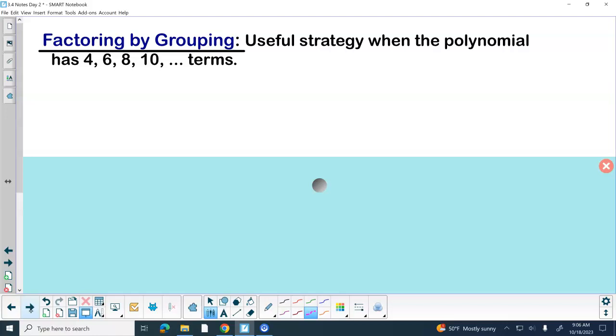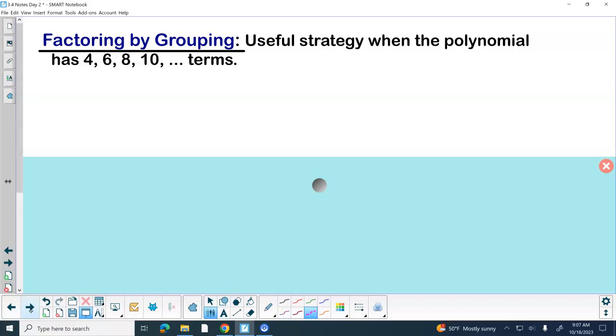Love it. Okay? So the last way, so on Monday, we factored with GCF. That was our first way. Then we factored by difference of perfect squares. That was our second way. Then we did trinomial factoring, the 2 parentheses method. And we did cubics. So we did 4 methods on Monday. Today I'm going to give you the last method of factoring, which is factoring by grouping.